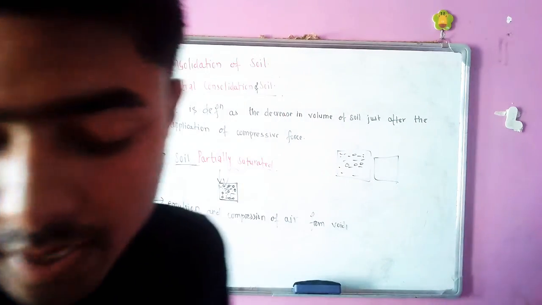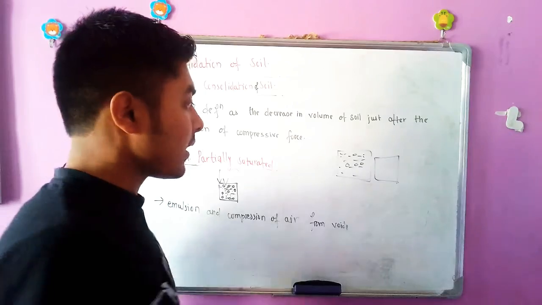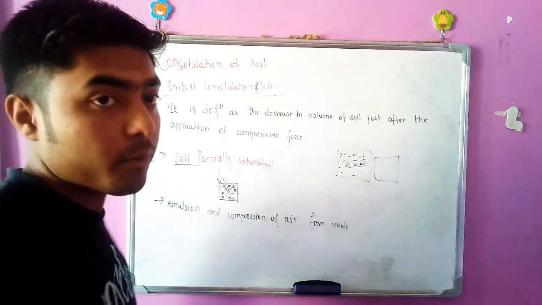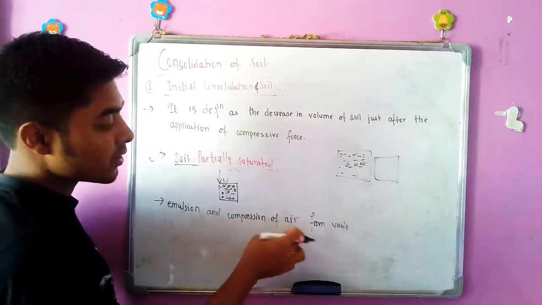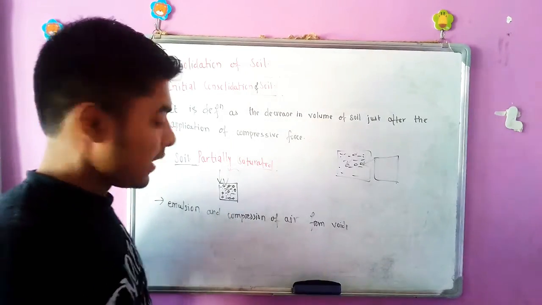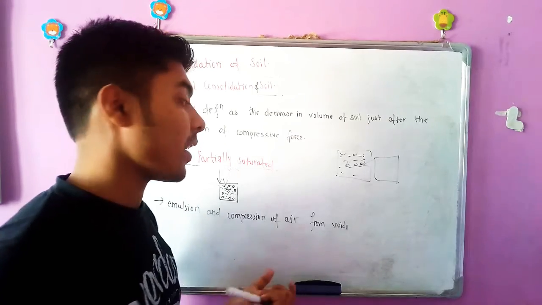In the same way, in a soil, when compressive force is applied, the air is removed and the volume is decreased. That means emulsion and compression of air from the voids where the air is. Emulsion means just coming out.